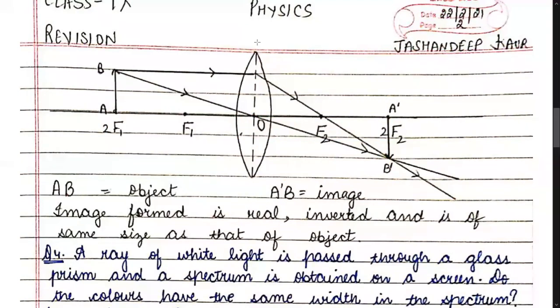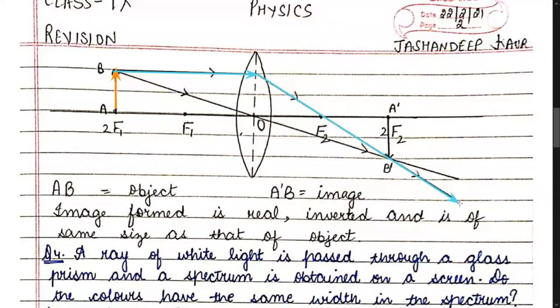Then you place the object at 2F1, and once your object is placed at 2F1, then we will draw the ray diagram. Our first ray: a ray incident parallel to the principal axis, after getting refracted, will pass through the second focus of the convex lens. Second focus is F2.